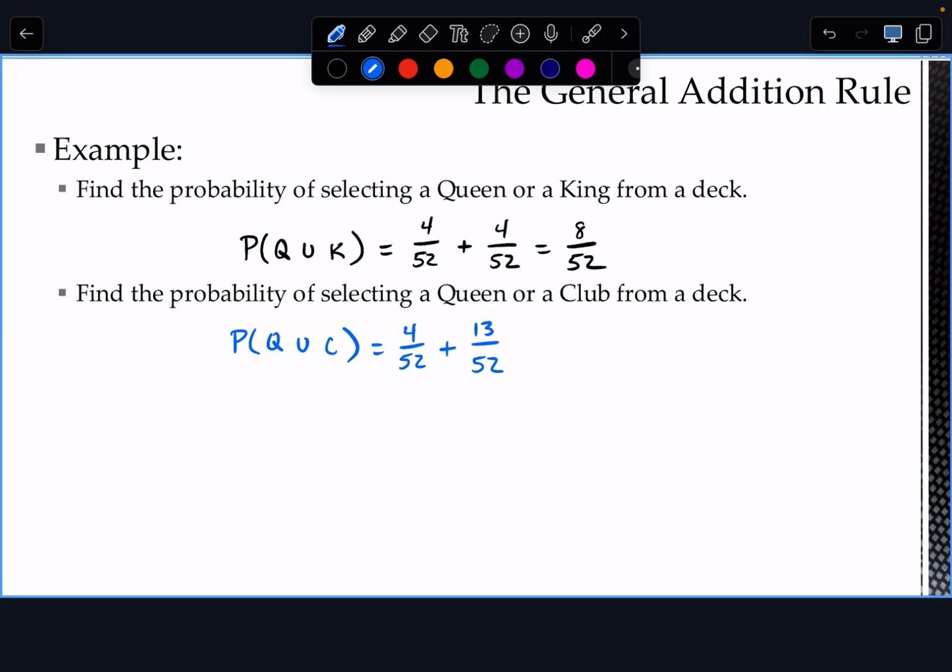But this time what's happened? They're not disjoint, which means I counted the queen of clubs here and I counted the queen of clubs here. So in that case, I need to subtract out one of those queen of clubs. So there was only the one outcome that overlapped.